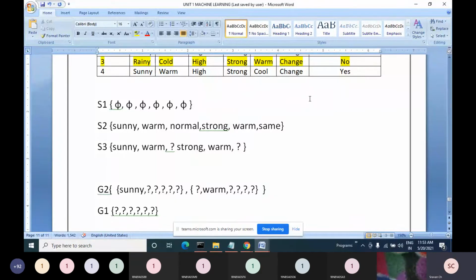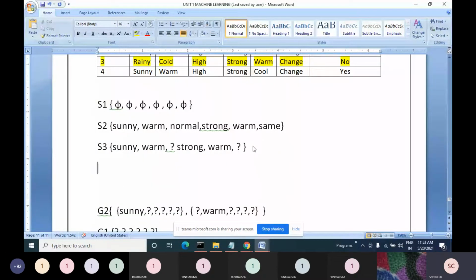Go to the 4th record. What is the 4th record? It is a positive example. If it is a positive example, what will be updated? S3 will be updated to S4.